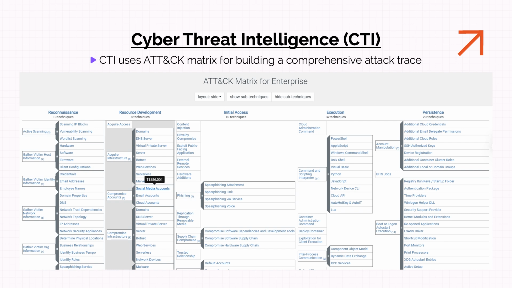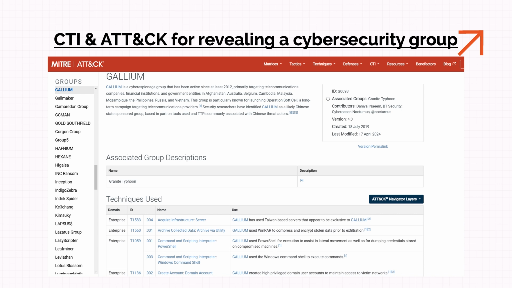On the screen we have five steps: reconnaissance, resource development, initial access, execution, and persistence. Many big companies use the CTI model for tracking APT attacks. This is one example of using CTI and ATT&CK to profile a cybersecurity group.